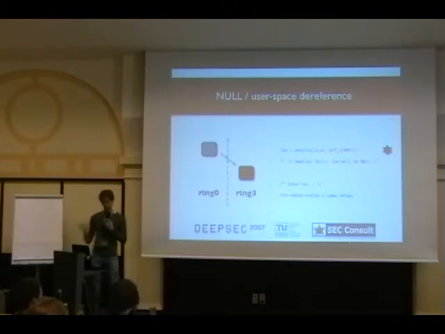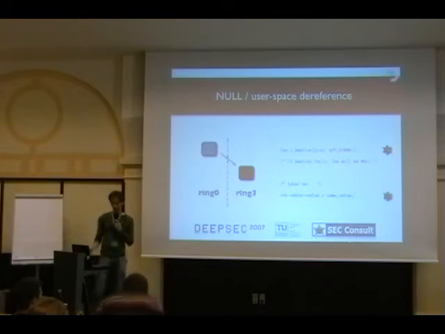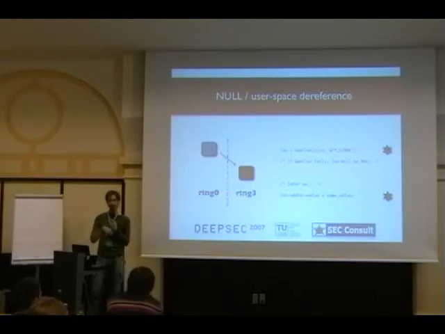And now, if sometime later something is written to that, or to a structure that is expected to be where foo points to, foo is a null pointer, so it points to address 0. But address 0 is, of course, in user space.